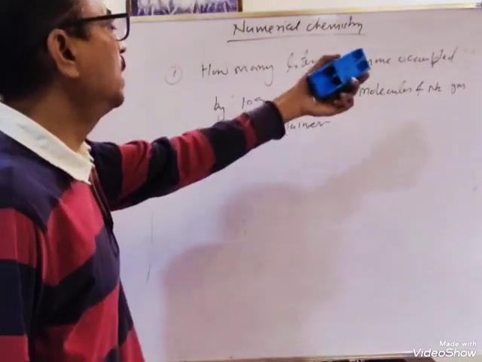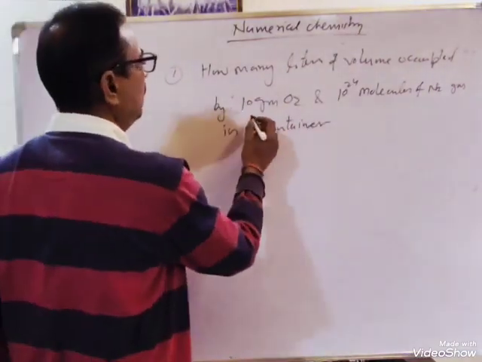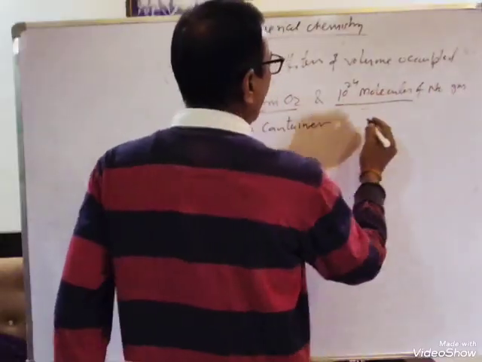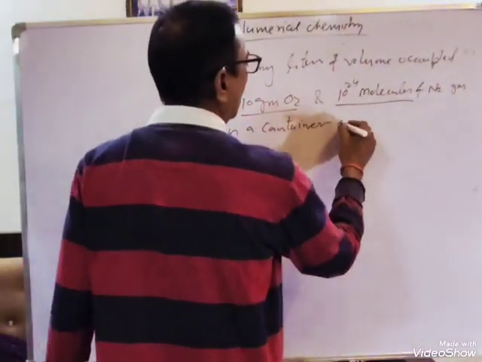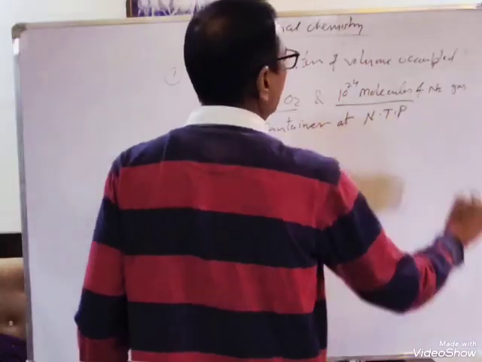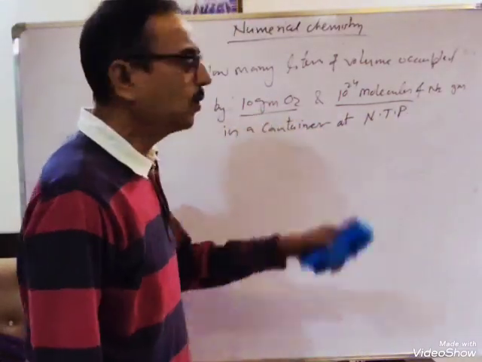So how many liters of volume will be occupied with 10 gram of oxygen and 10 power 24 molecules of nitrogen in a container at NTP? Suppose this is the question. This is a very common and very simple question.